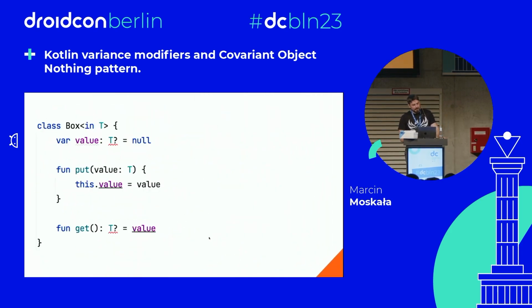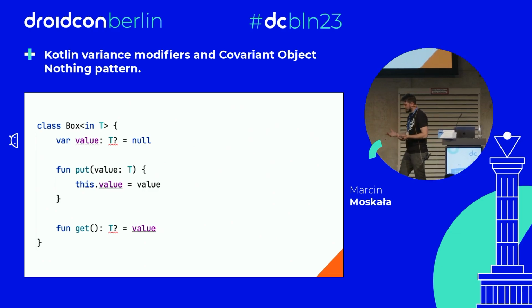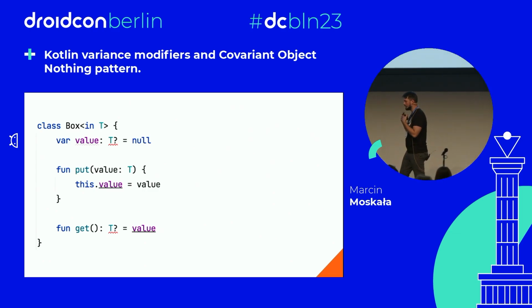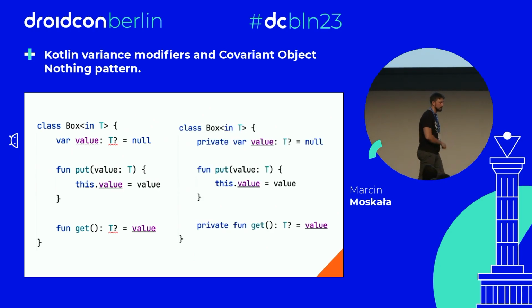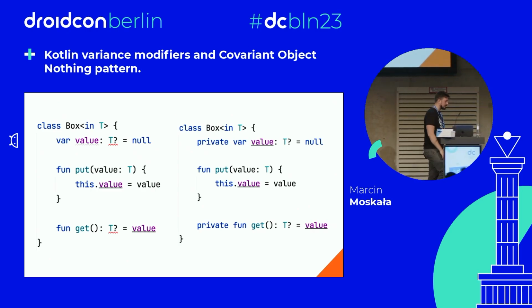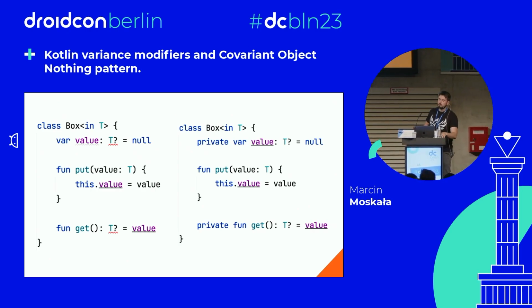OK, and as I mentioned already, contravariant type parameters, so in modifier, cannot be exposed outside unless on private functions. On private, everything is fine, because inside an object, the type is already set. But you cannot have it in public out position.